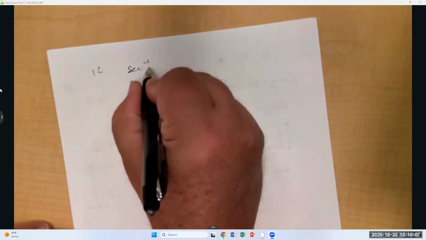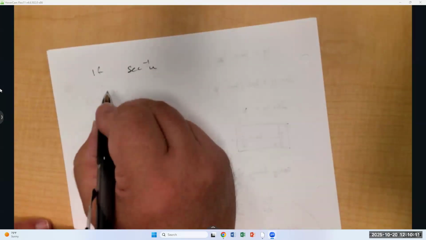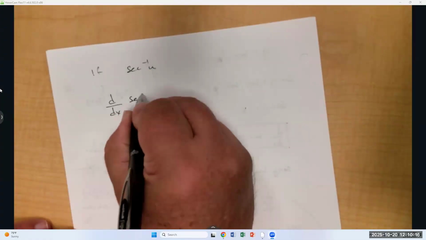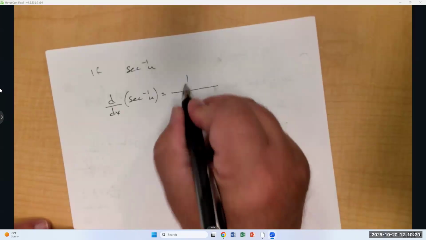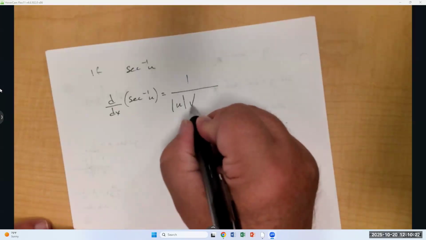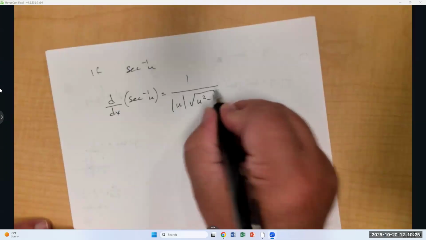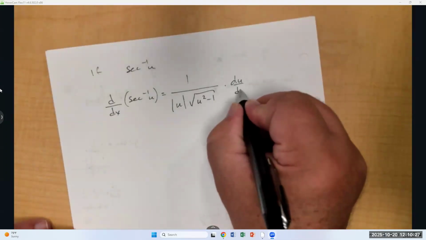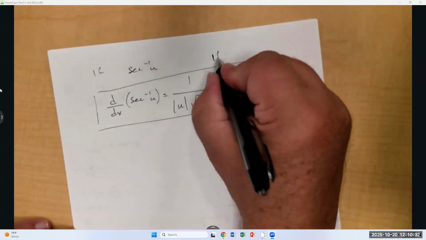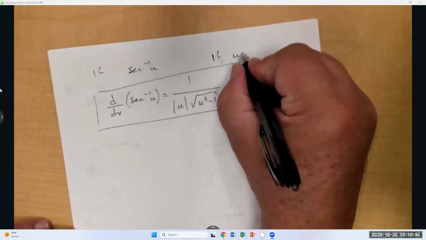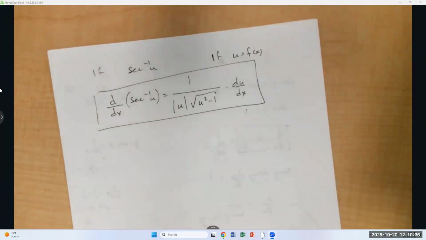If it's inverse secant of u, then the derivative of that would equal 1 over the absolute value of u times square root of u squared minus 1, times du dx, if u equals a function of x.